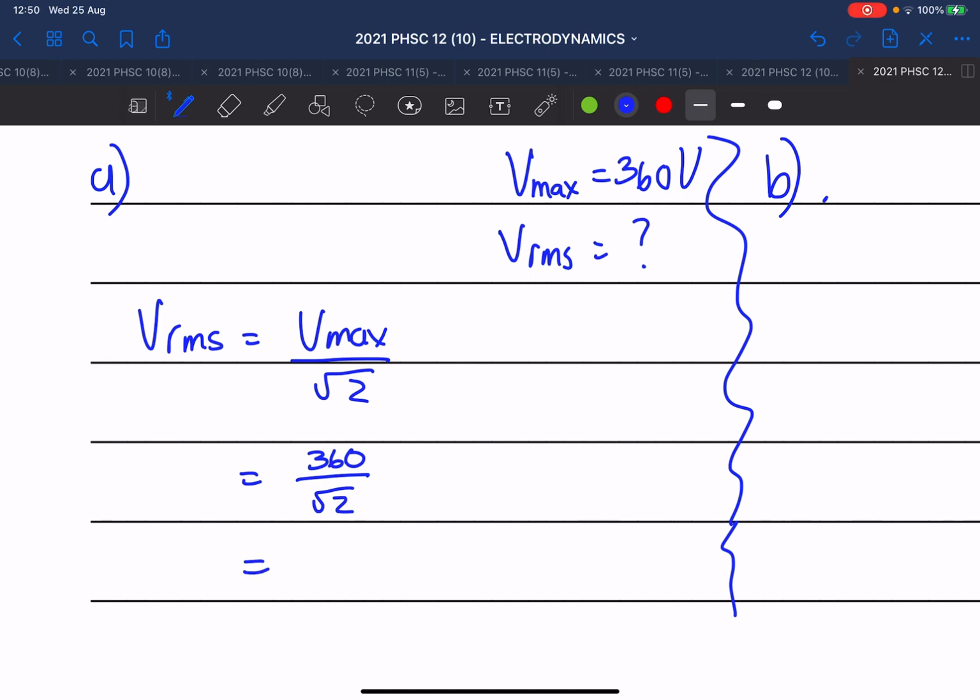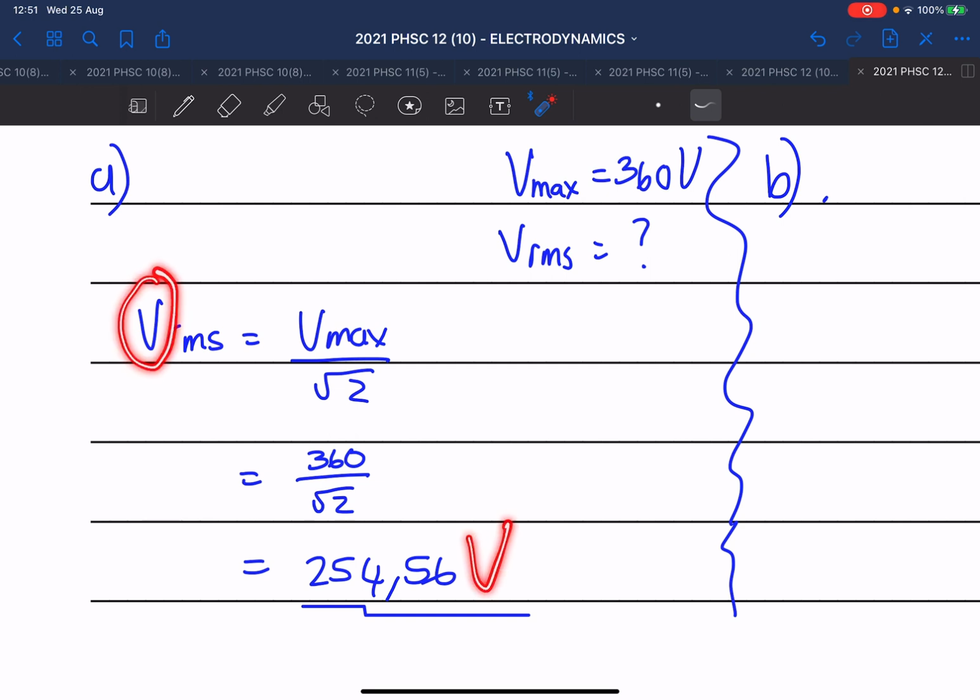Two decimals. Good. And the unit? We're calculating the volts.